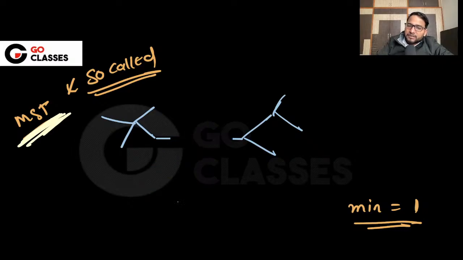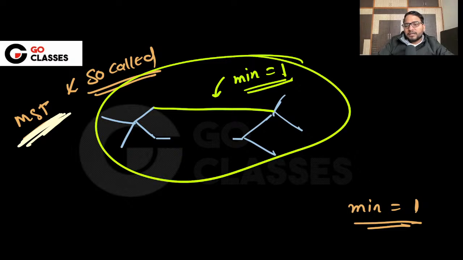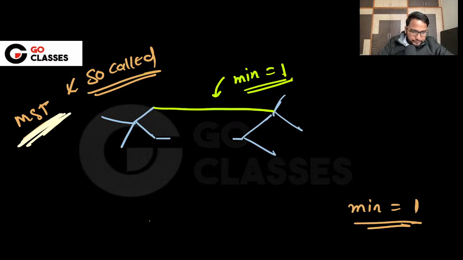If you remove this something else, you will have 2 different components. Then to connect these 2 components, I can definitely plug in the minimum, which was 1. If you plug in the 1, then the total cost will decrease.